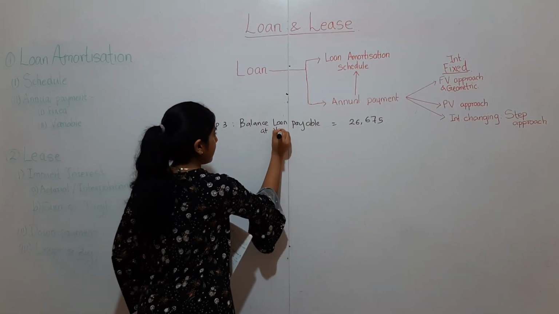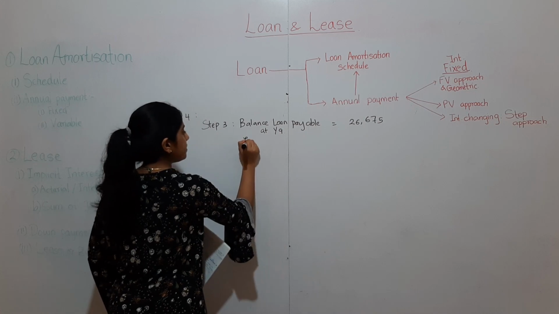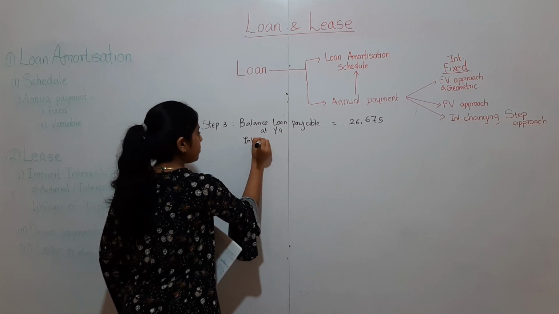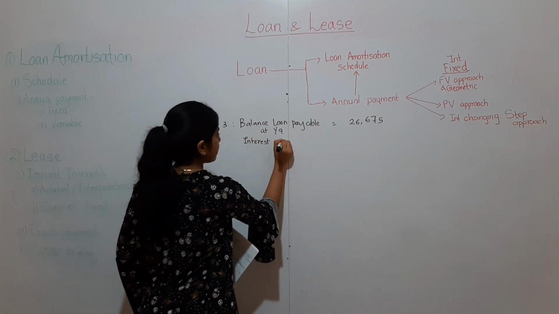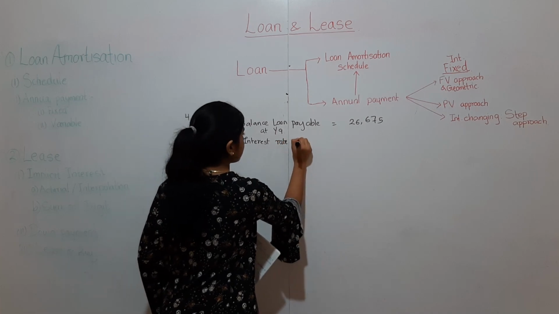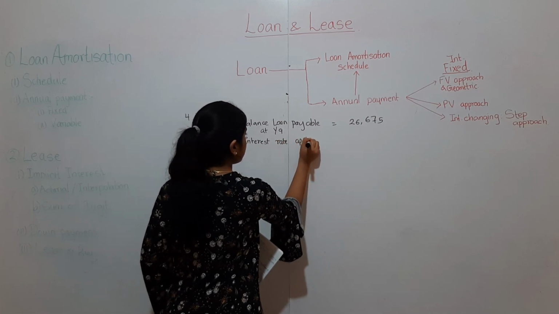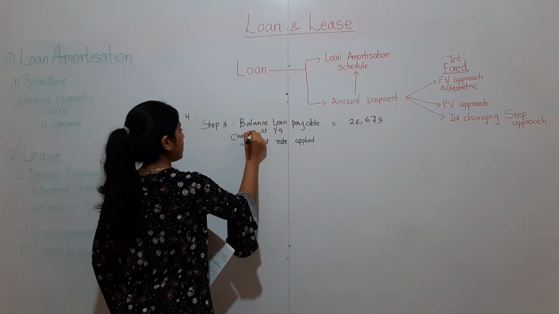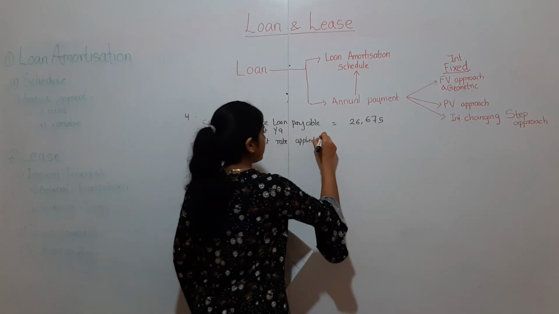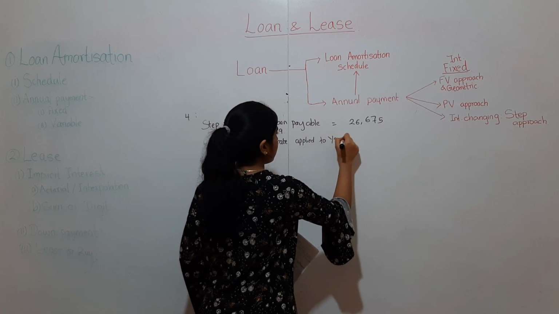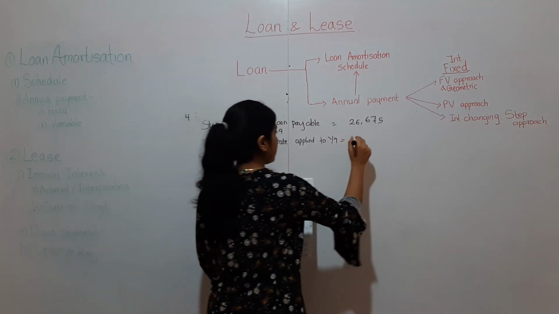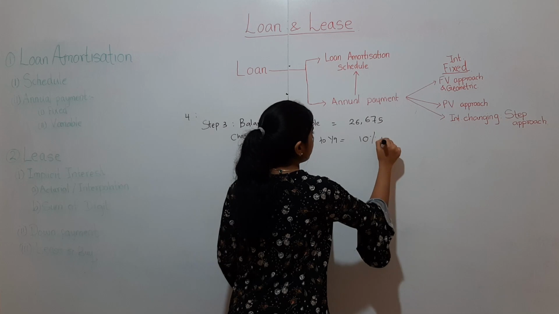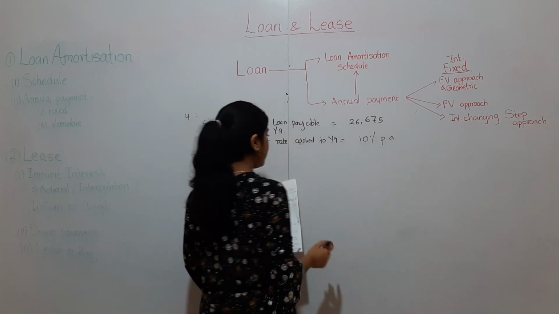The interest rate then applied to year 9 is 10% per annum. It reduced.